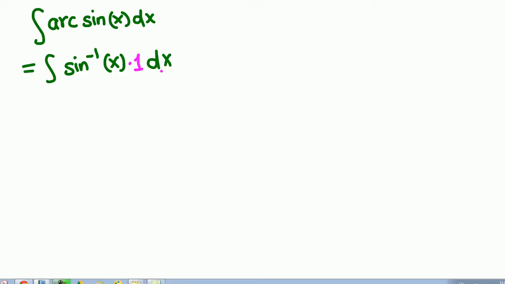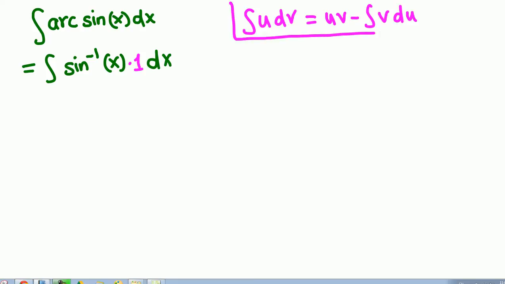How does this help? Then we can use the formula called integration by parts, which is when we have u times dv, so integral of u dv is uv minus integral of v du. We make our question look like the left hand side, and using this formula we write the right hand side.